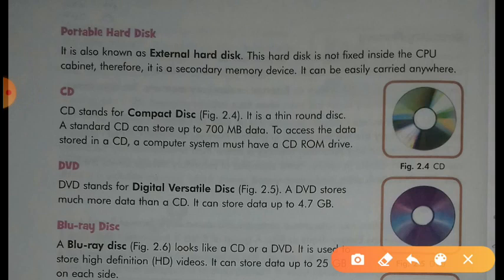A DVD can store data up to 4.7 GB. So this is the difference between CD and DVD. A CD can store up to 700 MB data and a DVD can store up to 4.7 GB data.